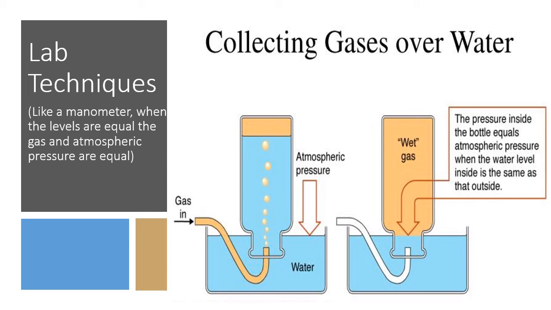If I adjust that, and you would do that by raising and lowering your collection vessel, and you get the water inside the tank equal to the same level as the water inside the collection vessel, then the gas pressure inside the vessel is going to equal atmospheric pressure, which you can just get from your readings of atmospheric pressure for the day.